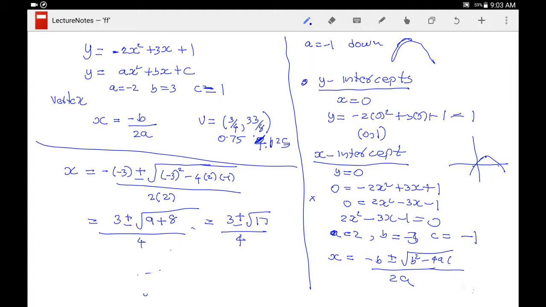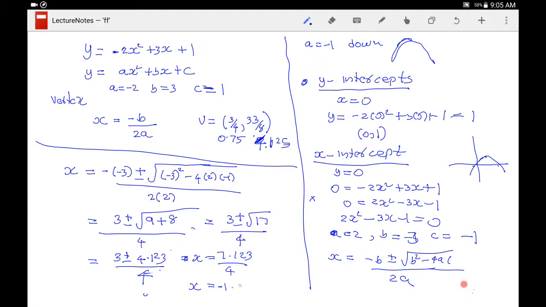Here again for the square root I will use the calculator. If I do the plus I will get 7.123 over 4, and if I do the minus I get negative 1.123 over 4, which is a minus because 4 is bigger.